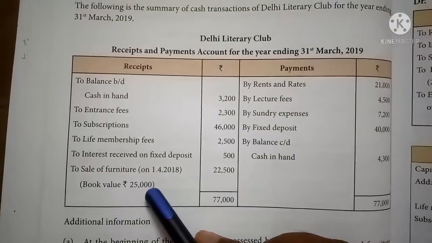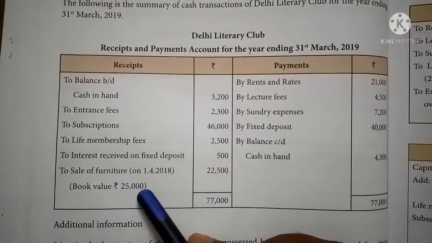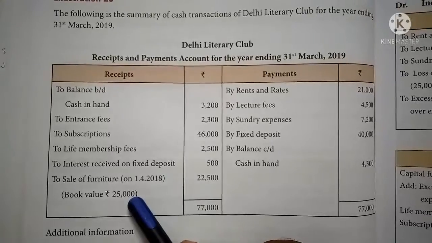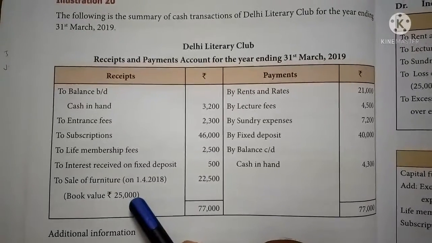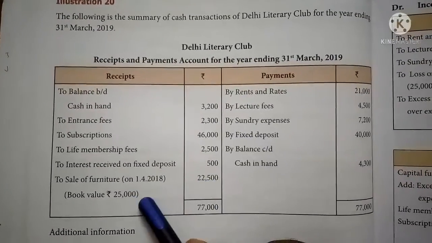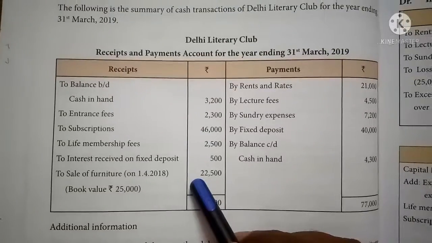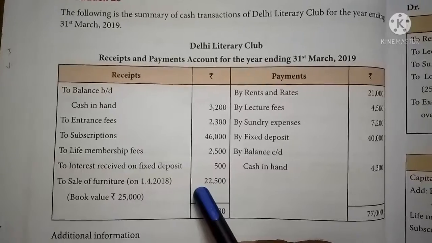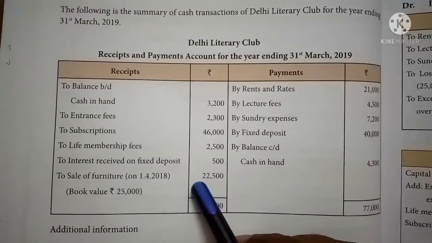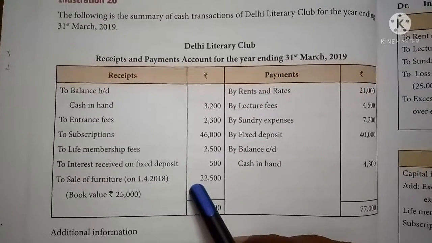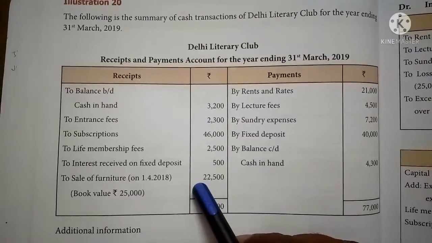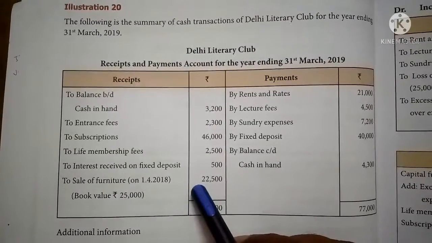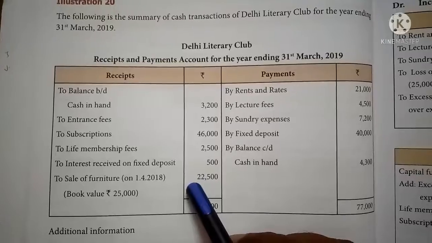So the 25,000 book value should be subtracted in the balance sheet asset side from the furniture balance, and the difference between book value and sales value is 2,500 loss. That loss should be taken to the expenditure side of the income and expenditure account. Loss on sale of furniture is 2,500. It should be debited in the income and expenditure account.